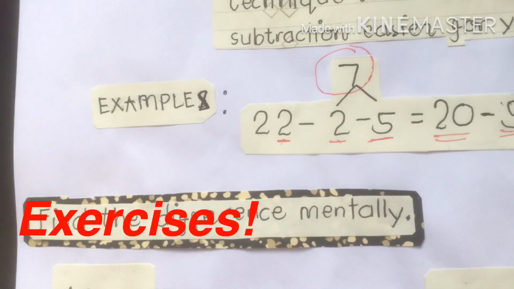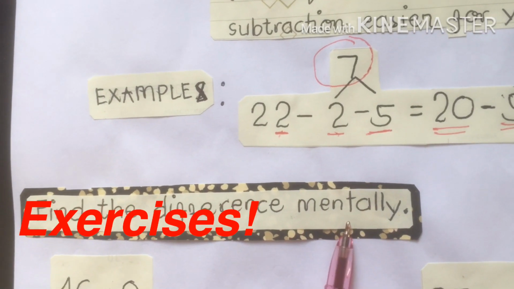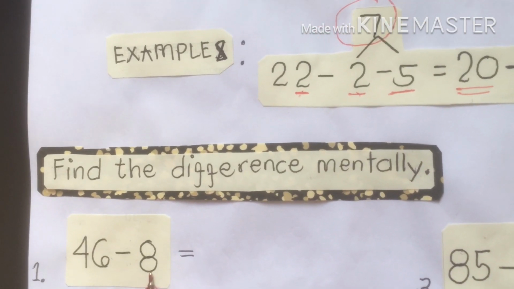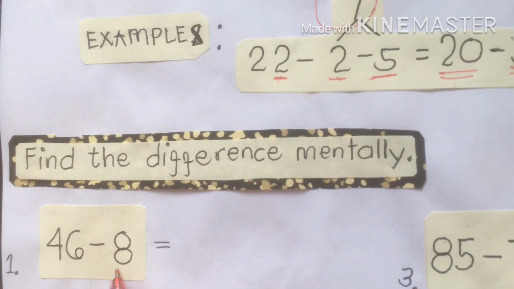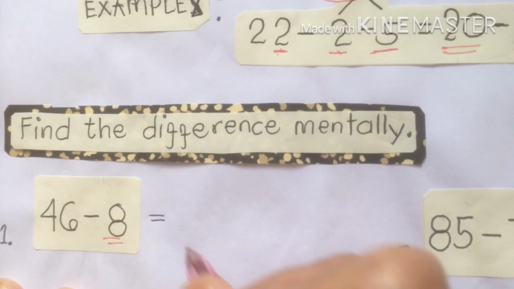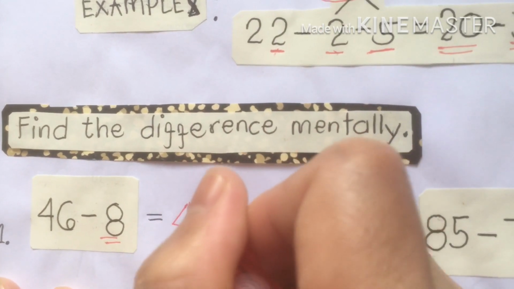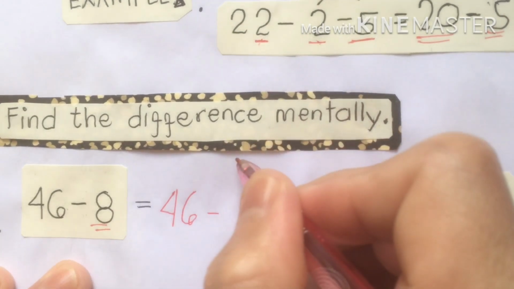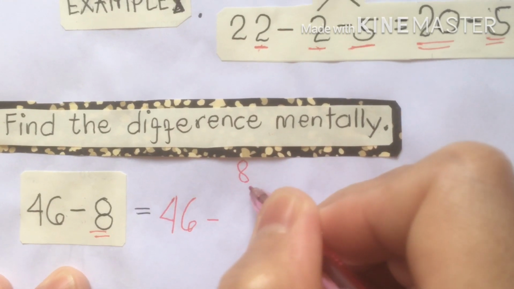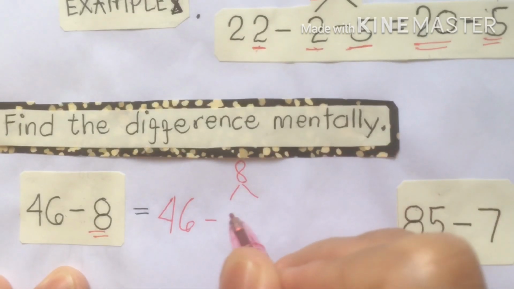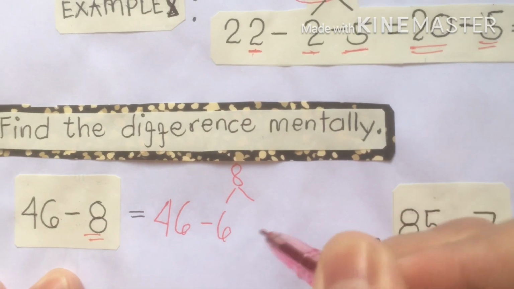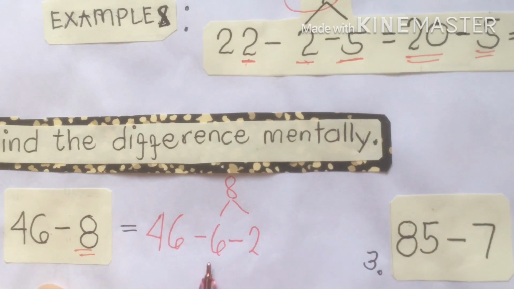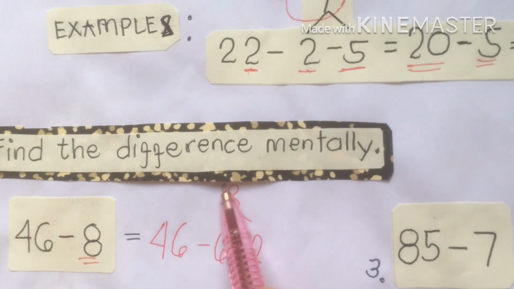Direction says, find the difference mentally. Given 46 minus 8. So we are going to break number 8. I'm going to write the given equation 46 minus, and we break number 8 into 6 and 2, which is 6 plus 2, the result is 8.